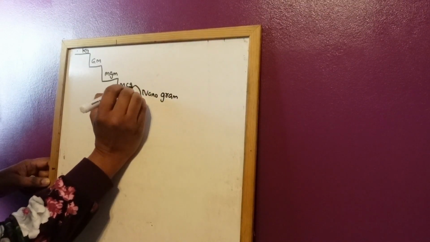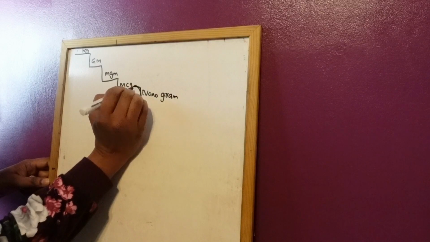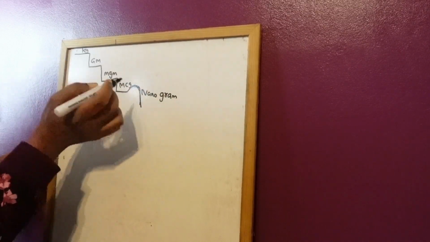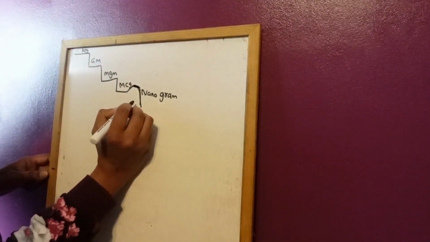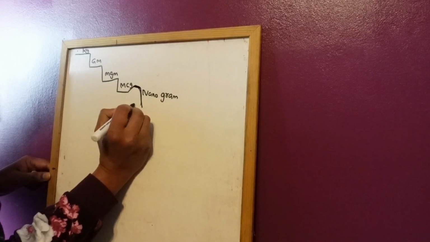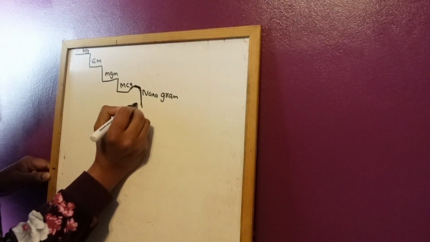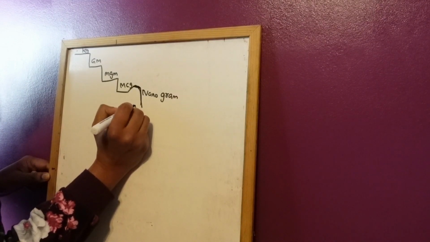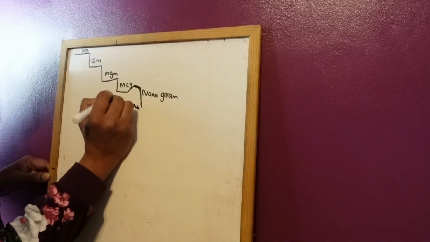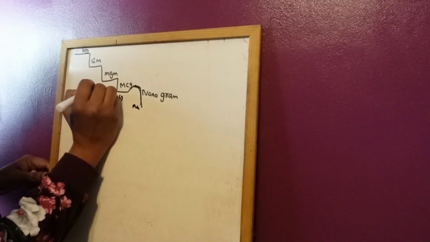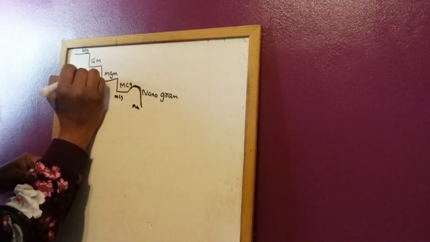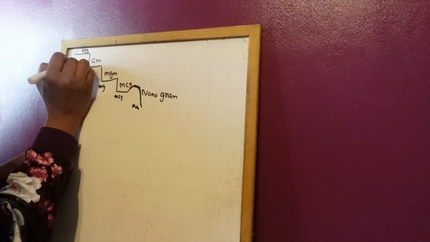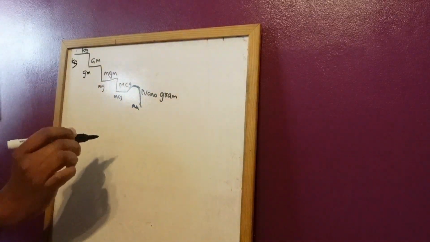So it's just like coming down. If you are going from here the same way, it is nanogram, microgram, milligram, and kg, just vice versa. Just for ease, I'm saying.